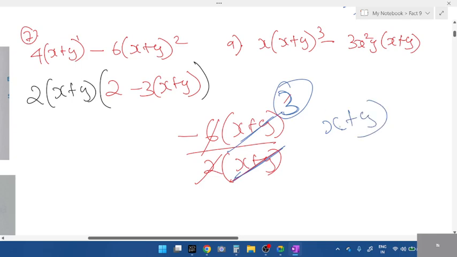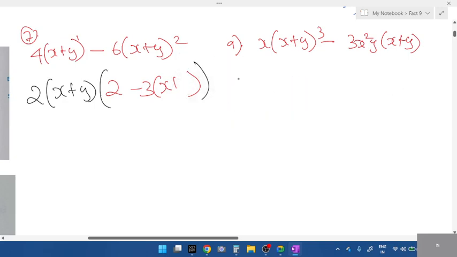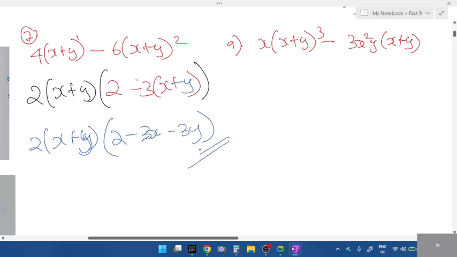What will be left? x plus y the whole square. 2 will be left. This is the concept. 1 is getting cancelled, the remaining will be left. Now open the bracket. Don't open the first bracket. Remember this. Keep this as it is. 2, open the bracket, minus 3x, minus into pluses. This is the answer.